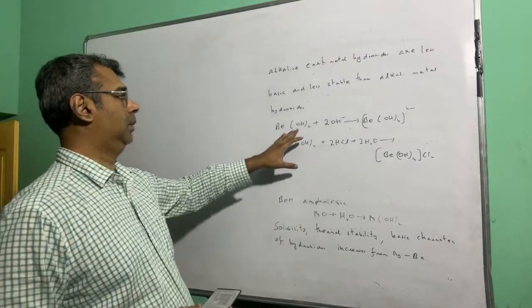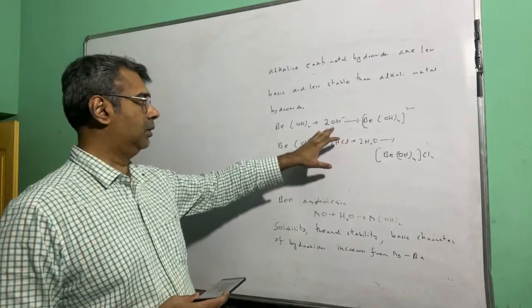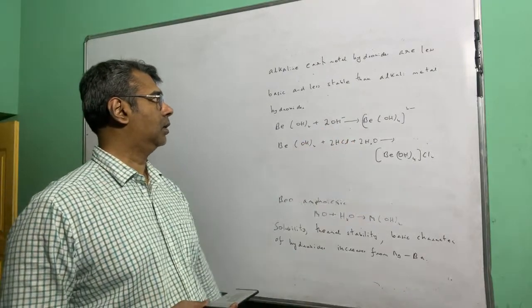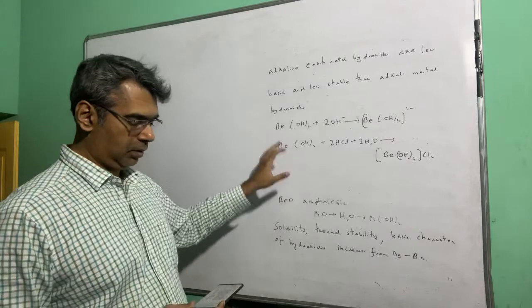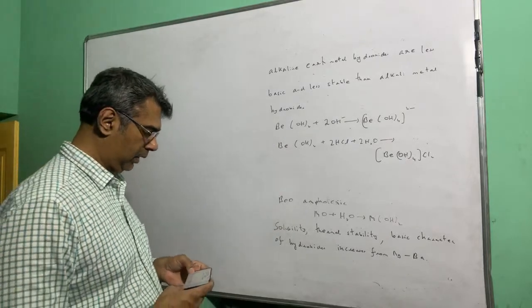Okay, then beryllium hydroxide can react with alkali. Beryllium hydroxide can also react with acid. So that means beryllium hydroxide is amphoteric in nature.